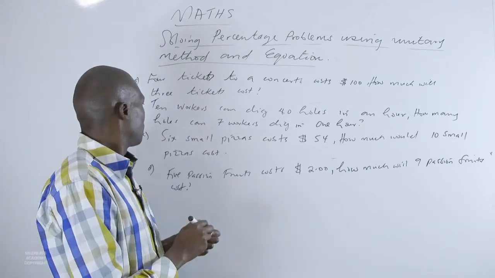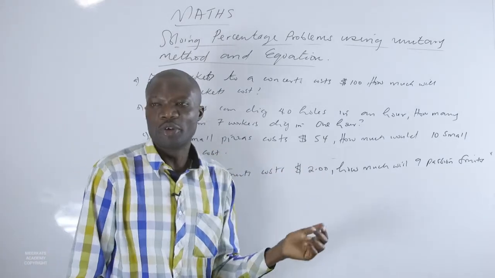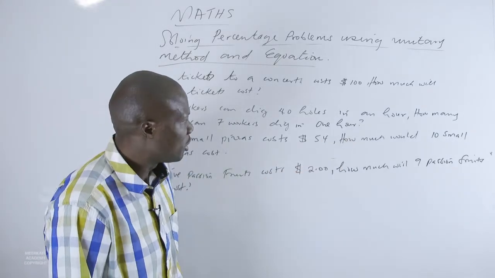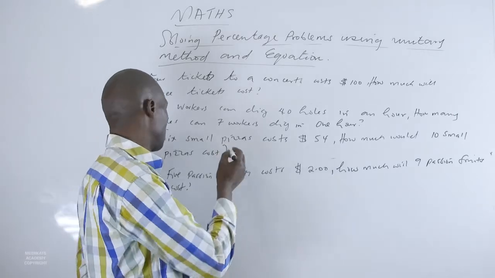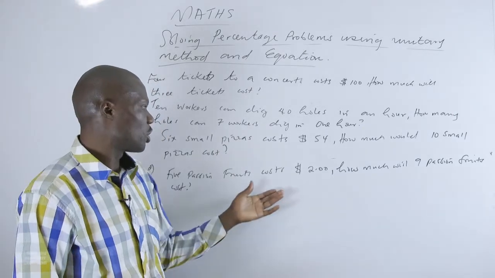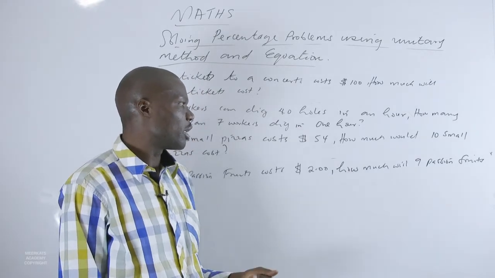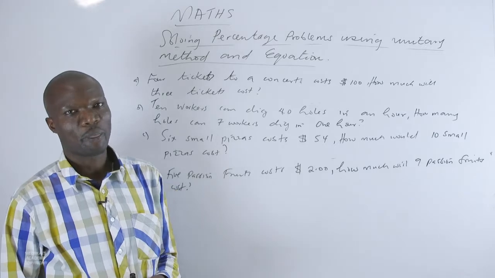Then 6 small pizzas cost $54. How much would 10 small pizzas cost? And finally, 5 passion fruits cost $2. How much will 9 passion fruits cost?